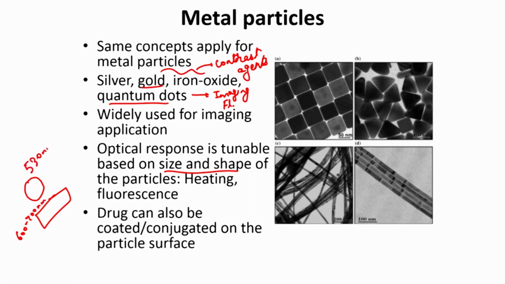So you can essentially tune that, and depending on the length of the rod you can further tune it. And since the surface area is quite large compared to the volume, when you get to nano regimes you can still load enough drug for drug delivery as well. Those are some of the advantages with the metal particles.